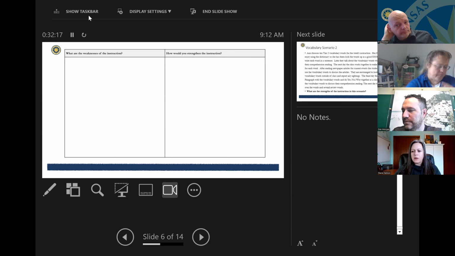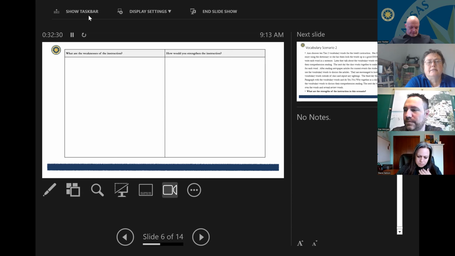I think writing down the vocabulary words at the beginning, like having them write them down, as well as just having that one definition again per word, like we were talking about. Yes. And having to apply it in different ways that makes them think instead of just having that spoon fed to them. Absolutely. Very good. Okay, shall we do vocabulary scenario number 2?